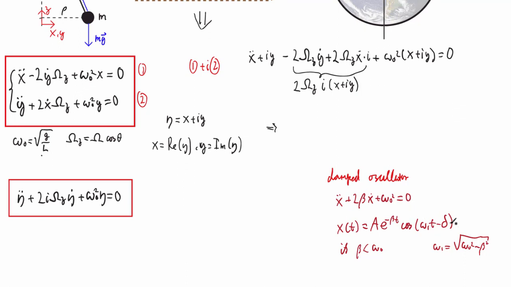And we can take the solution and just carry it over here. The only thing that changes is that instead of beta, we have i times omega z.